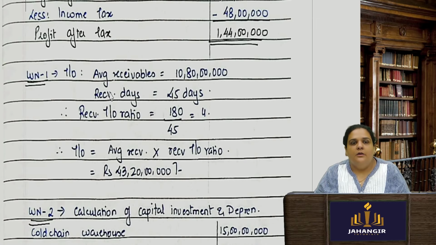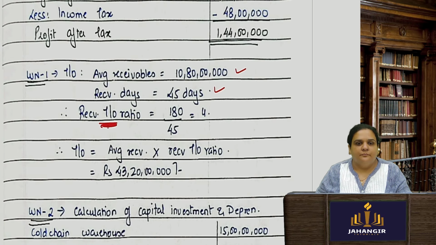That means your average receivables is given, receivable days is given. What is your receivables turnover ratio? 180 divided by 45. In how many times are you turning over your receivables? 4 times.